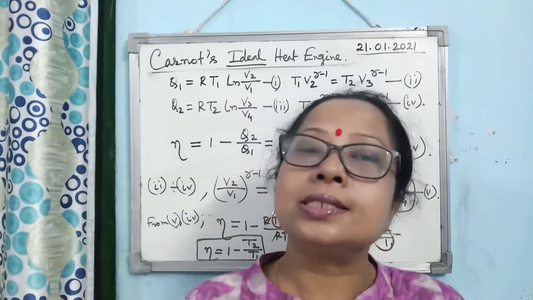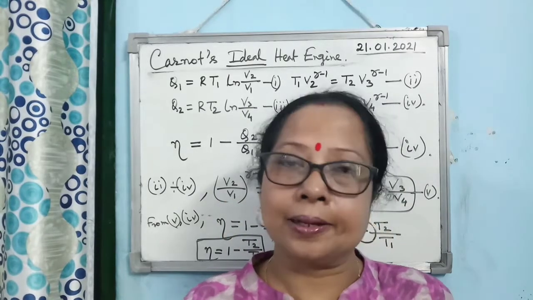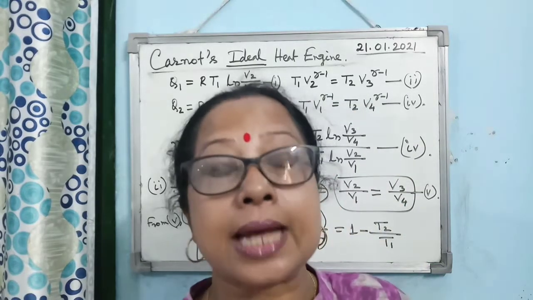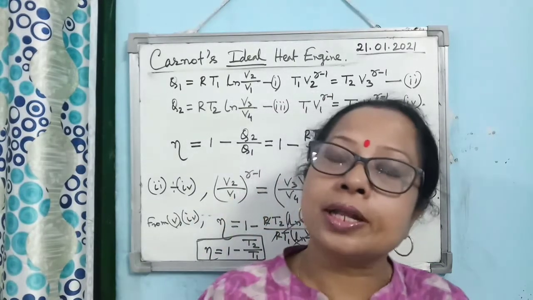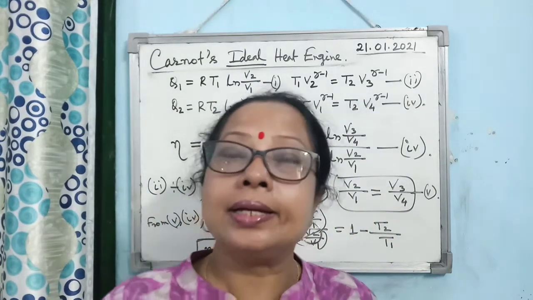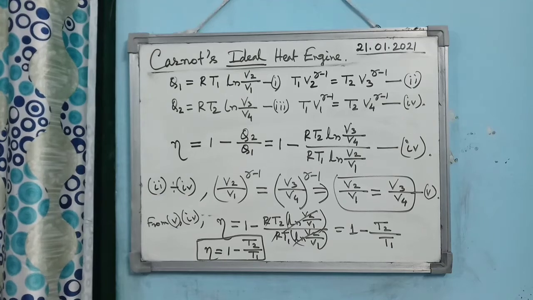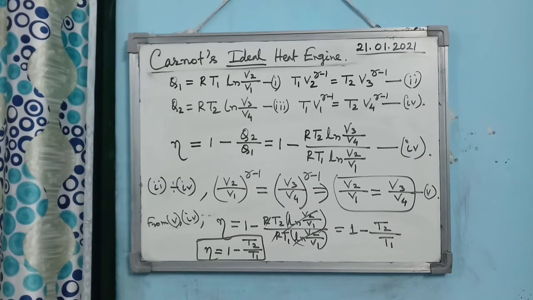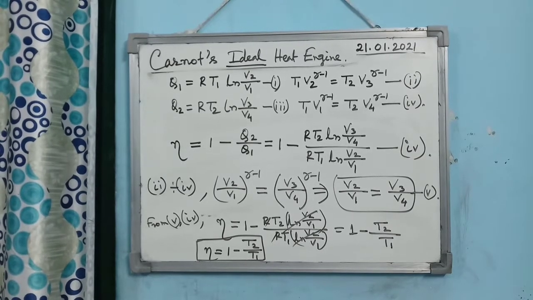Second point, temperature of the sink. Then, on which factor does Carnot's heat engine efficiency not depend? It does not depend on the nature of the working substance. I repeat, because it is very important: efficiency of the Carnot heat engine does not depend on the nature of the working substance used.